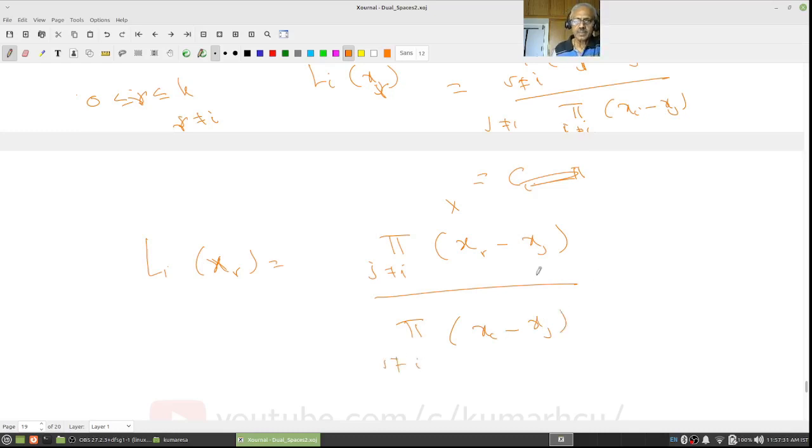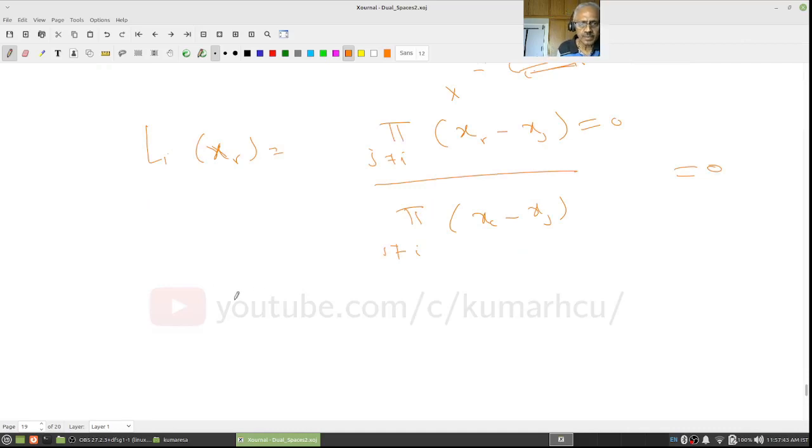Therefore since r is not equal to i, r will belong to this, therefore this numerator is 0, therefore this is equal to 0. But on the other hand, Li at xi, you can see this is the product of xi minus xj, j not equal to i, divided by the same object, therefore it's equal to 1.